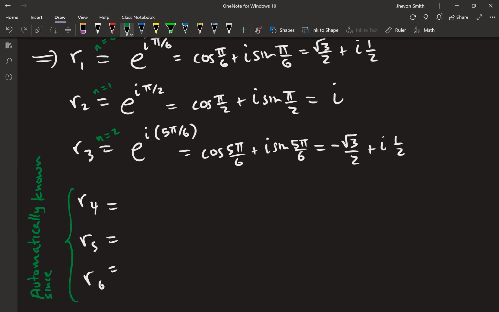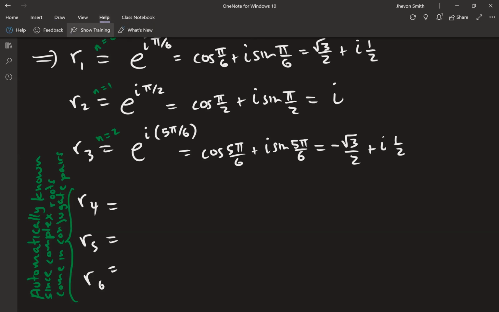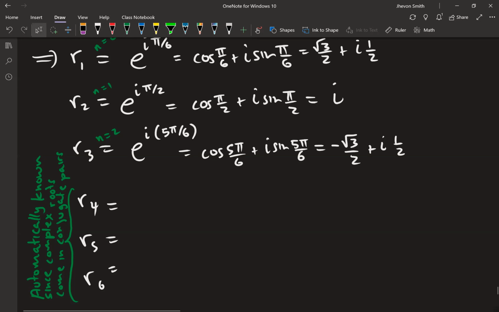Since complex roots come in conjugate pairs, I just found three very distinct complex roots, which means their other halves need to be solutions as well.